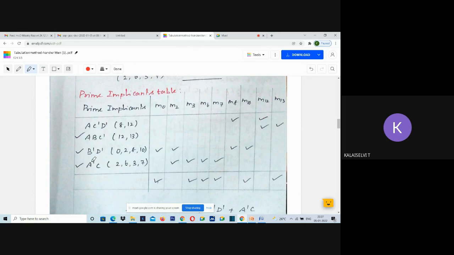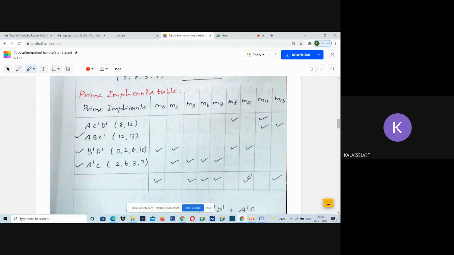So we have to mark this product term, which is also going to be considered for our boolean function. And M6 is where it occurs here, so it is already considered. Okay, and 7, it occurs here, it is already considered.